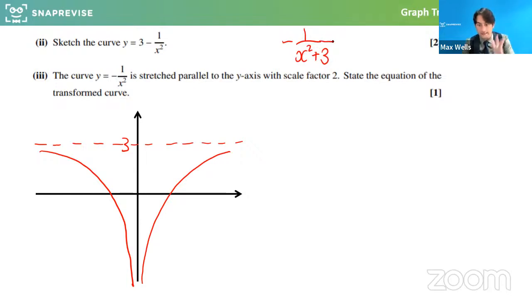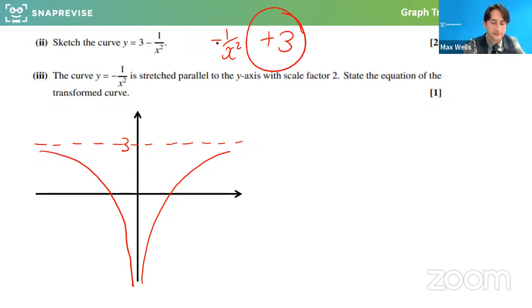But very easy to mix that up. That's why we're going through it. So thank you for that. Absolutely right. It is a translation of the graph we just saw, but it's upwards. And I think it's actually helpful personally if I see it written like this. I like to think of that on its own after, but that is effectively the same thing. So brilliant. Thank you for the comments there.